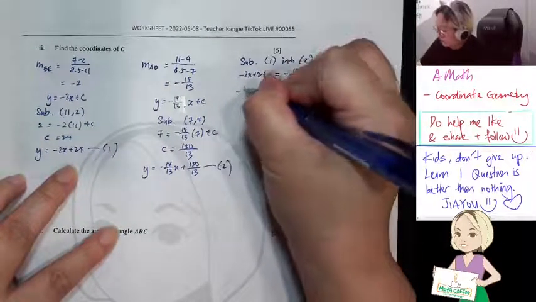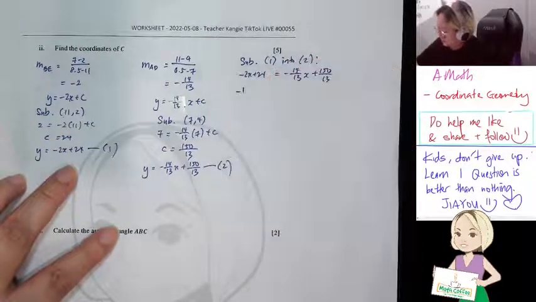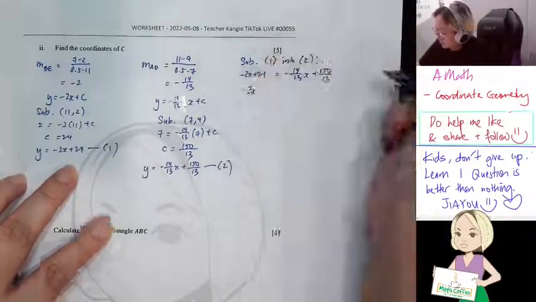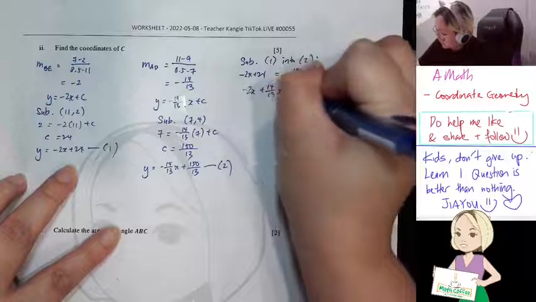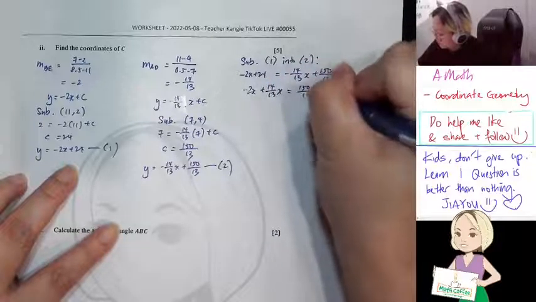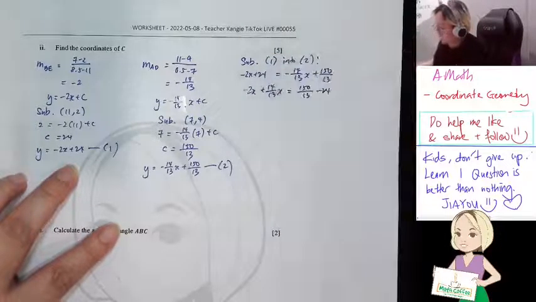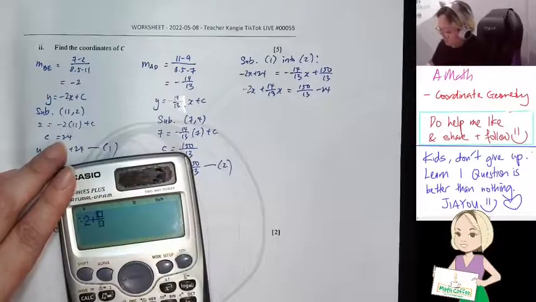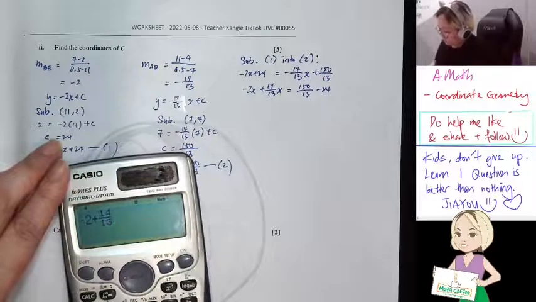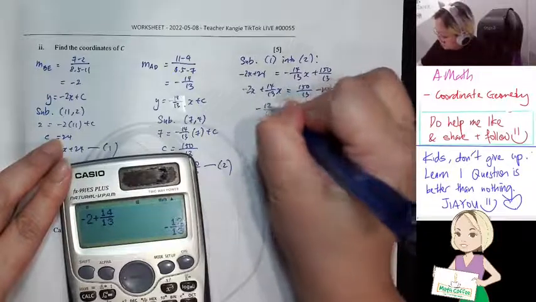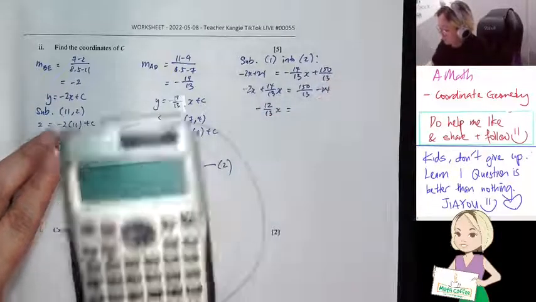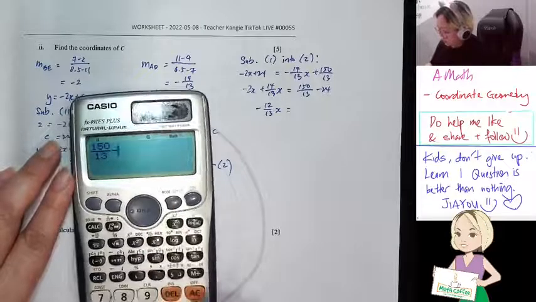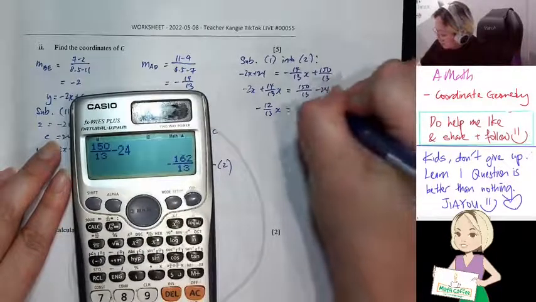So I will have minus 2x plus 14 over 13x equals 150 over 13 minus 24. Minus 2 plus 14 over 13 is minus 12 over 13x. So 150 over 13 minus 24 is minus 162 over 13.